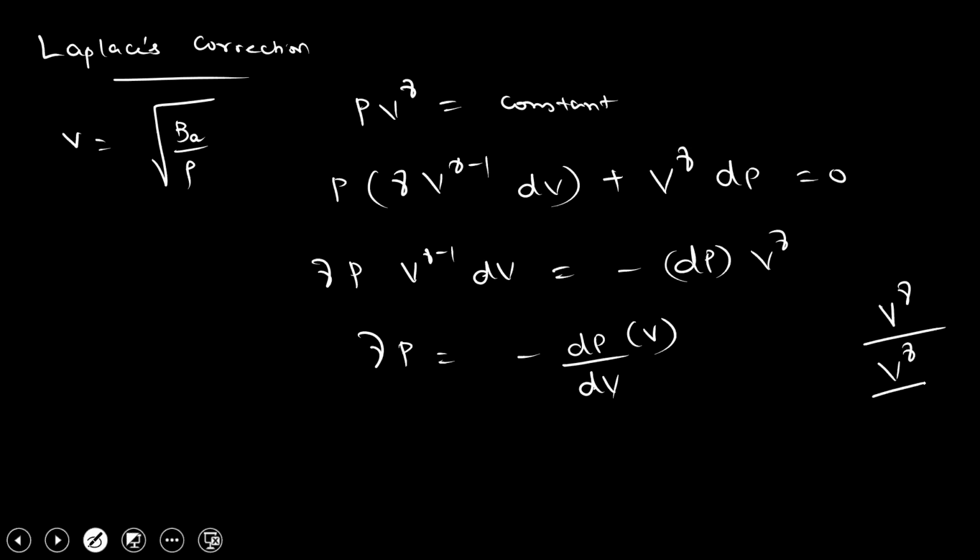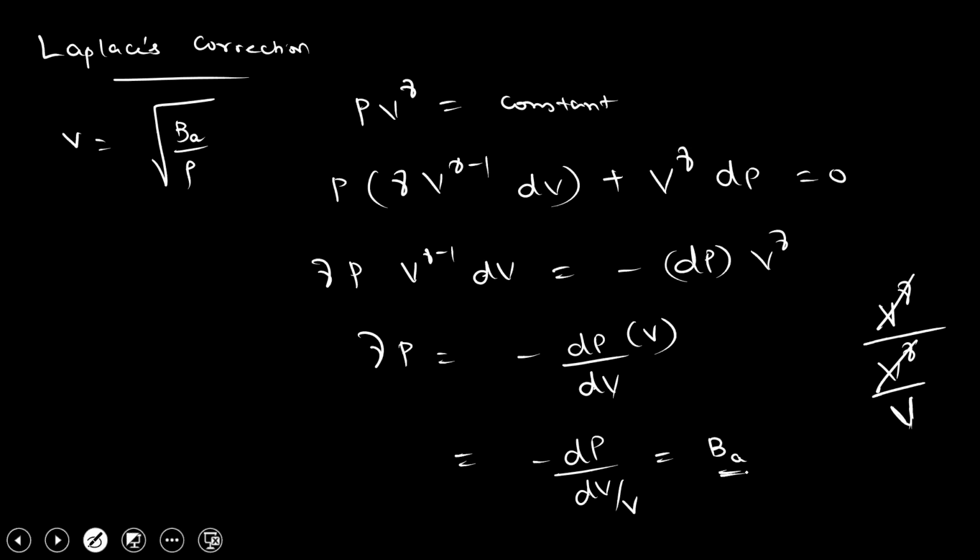Can I write it as V power gamma by V? Are you able to understand this? So V power gamma and V power gamma will get cancelled. V will go to the numerator. That's what I wrote here. Now I can bring this V to the denominator so that it becomes minus dP divided by dV by V. What is this value equal to?